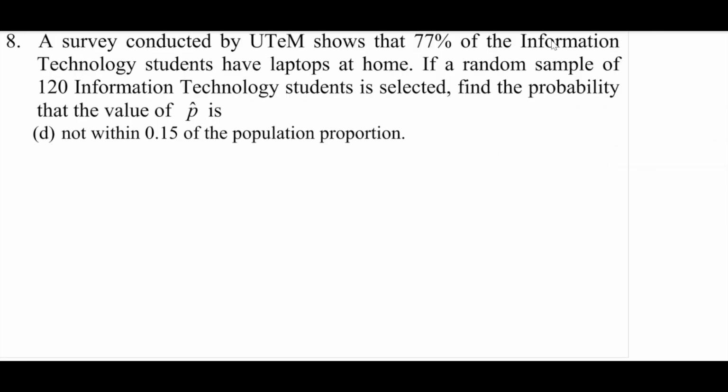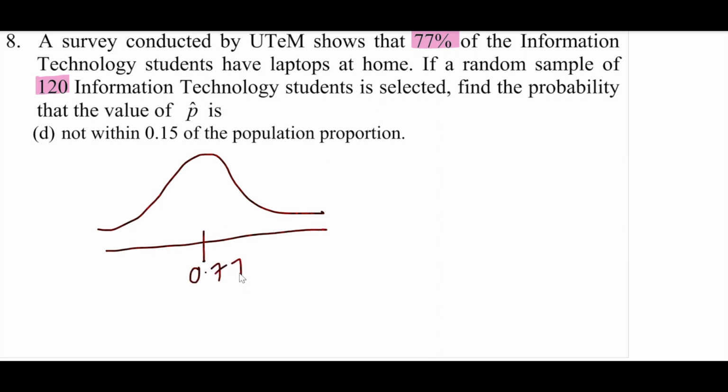What's important in this question is the 77%, and we have the sample size of 120. So find the probability that the value of p hat, the mean will be your p, and your p is 0.77.